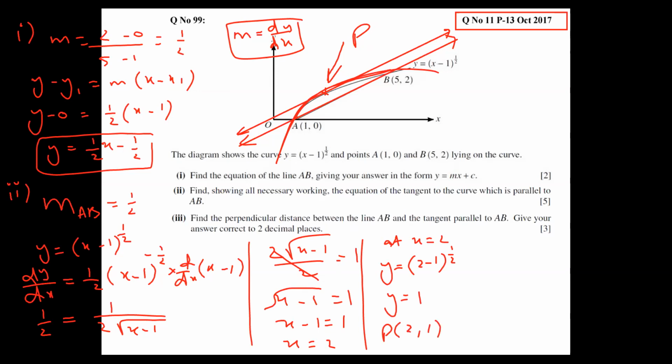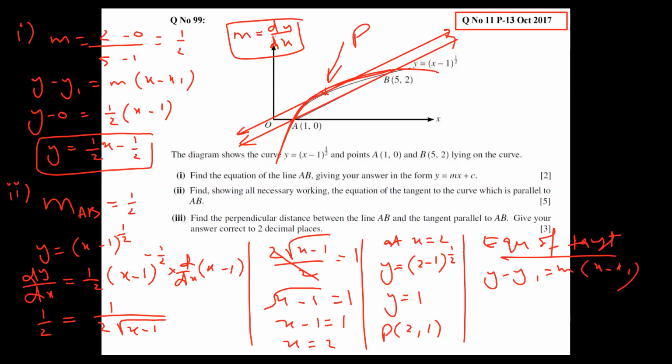Now I'm close to the equation of the tangent. The equation of the tangent to the curve: the formula, you know, is y minus y1 equal to m times (x minus x1). So y1 is 1 and x1 is 2, so we can replace the values. And m is what we have: m is the same, half, because they're parallel.